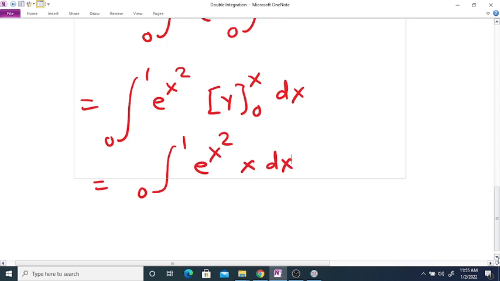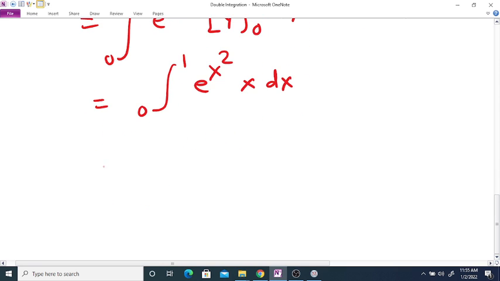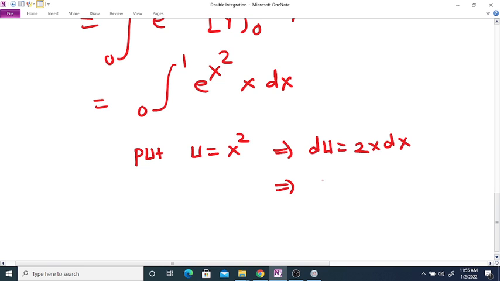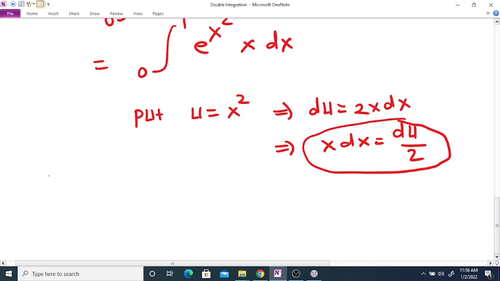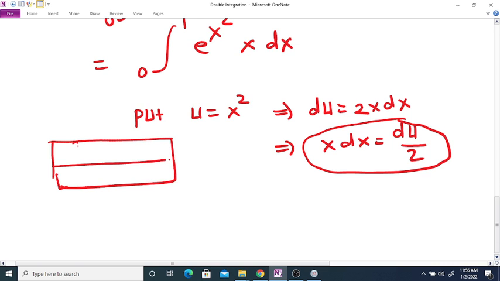Now we substitute u is equal to x square, then du is equal to 2x dx, and this implies x dx is equal to du by 2. So the value of x dx is equal to du by 2, and the new limits of u: the lower limit of x is 0, the upper limit is 1.